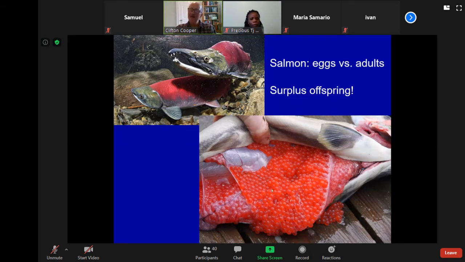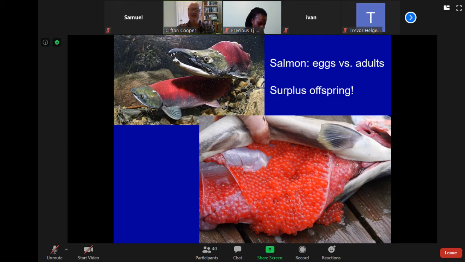Nearly all of these die along the way. They might starve, or they might fall prey to disease, or just fall prey to a predator. One way or another, there's a lot of hazards out there. She produced this huge surplus of offspring, and only 2 adults on average will come back up out of all of these. Otherwise the world would be wall-to-wall salmon, but it's not.